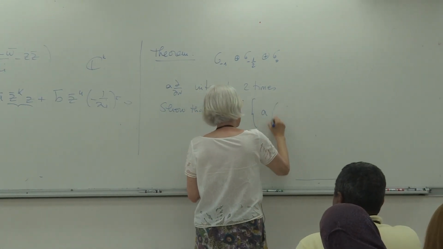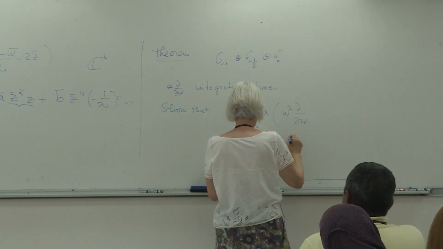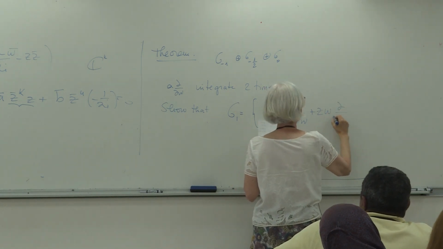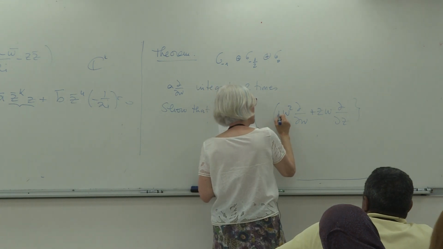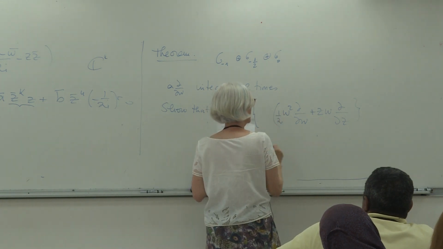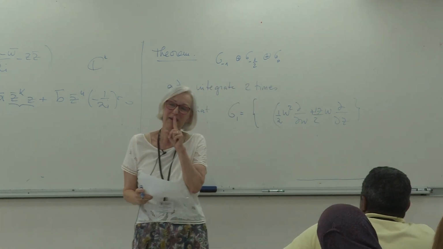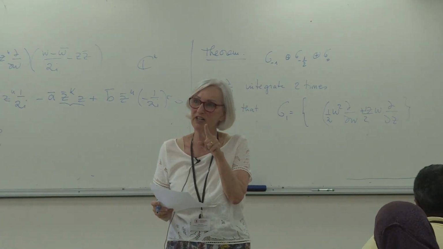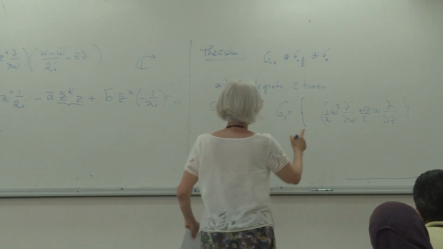A times w squared d/dw plus z w d/dz, or if you prefer, with 1 over 2. That means, am I correct? Because if I differentiate one time, I should recover the grading field. Is it correct? Yeah.